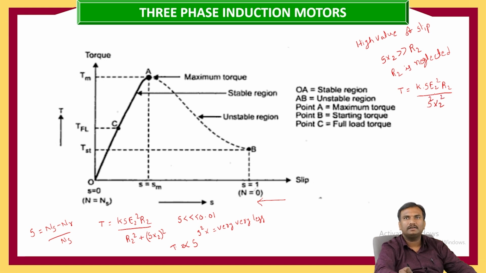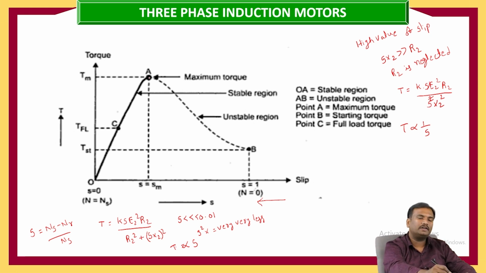So S and S square will get cancelled. So here T is proportional to 1 by S. So at high values of slip, torque is inversely proportional to the slip.